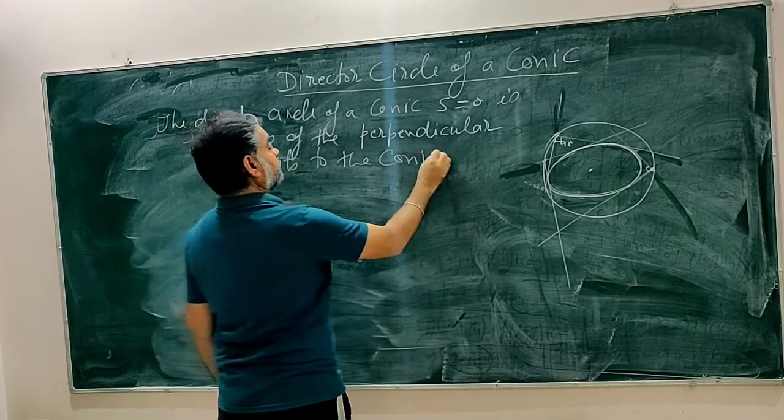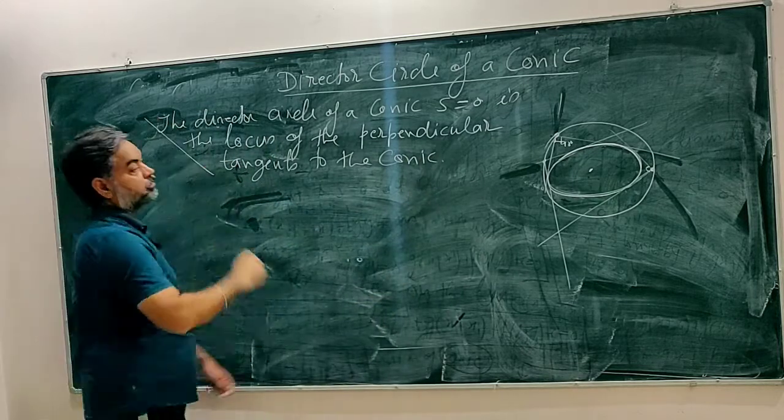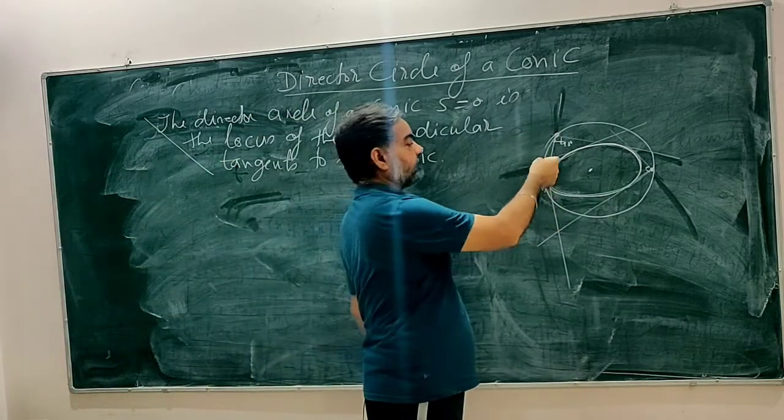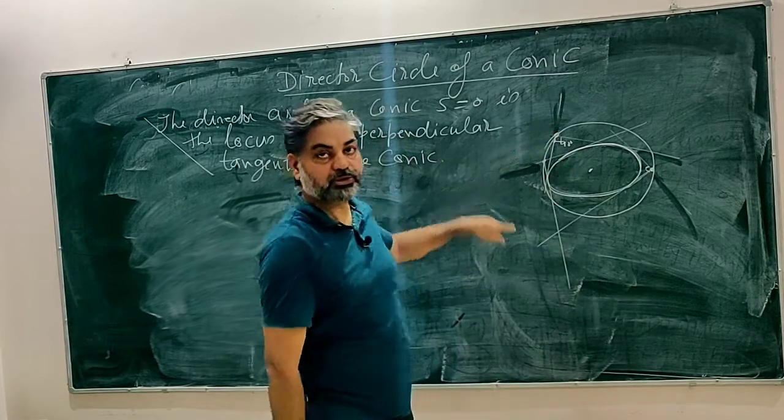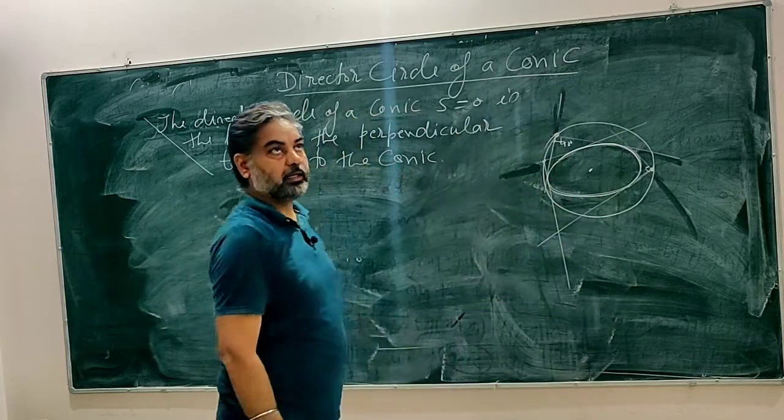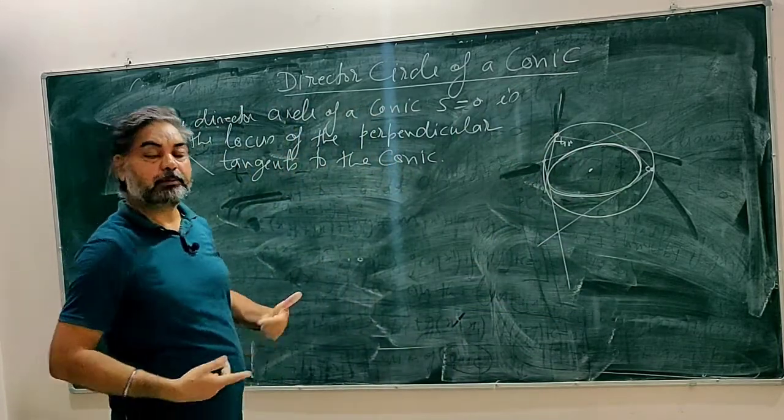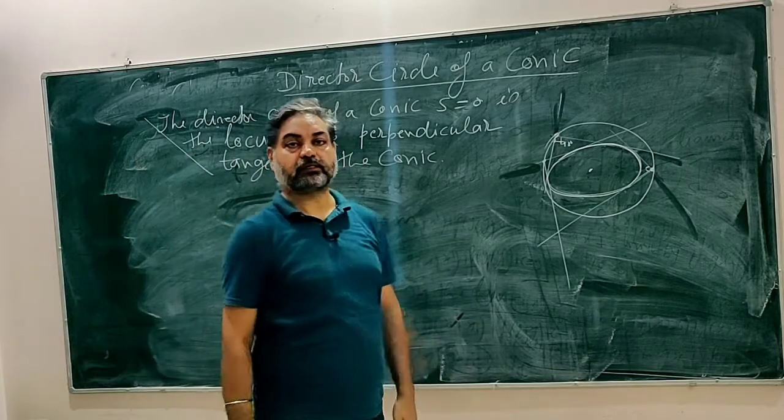If you draw the tangents which are perpendicular, then the point of intersection of all those tangents lies on a path, and that path is a circle. That circle is called the director circle.